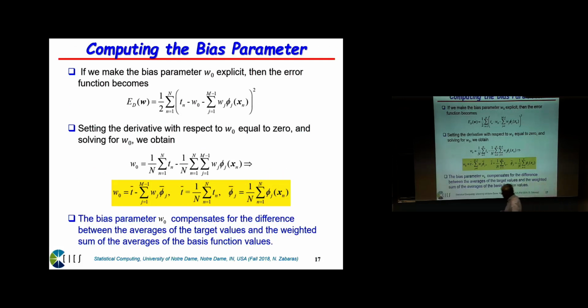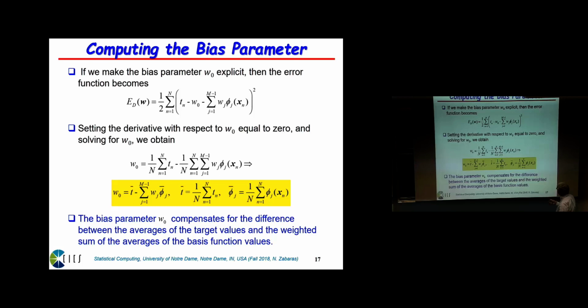I told you I will throw in a few new things here and there. When we expanded the regression function in terms of the basis functions, you remember that at the front I had a constant coefficient, the bias term. Now I am going to show you how you can calculate the bias term completely independently of the rest of the parameters, so that you only stick with the W's that are multiplied with these basis functions.